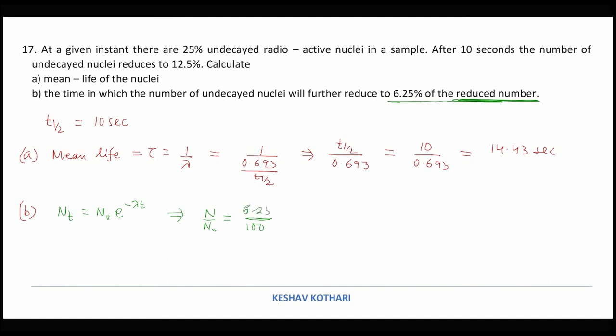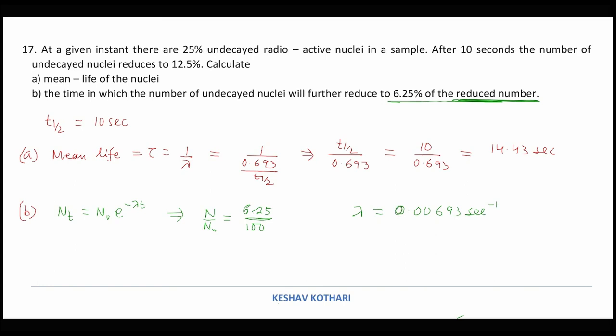So this is going to be 6.25% of the reduced number, and we are using the value of lambda as 0.0693 second to the power minus 1. This is the value of lambda we are using.